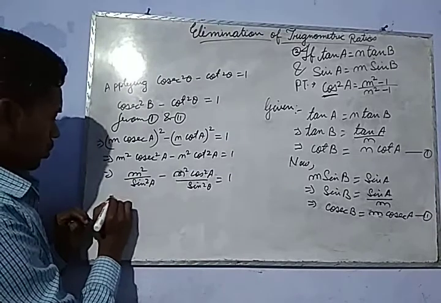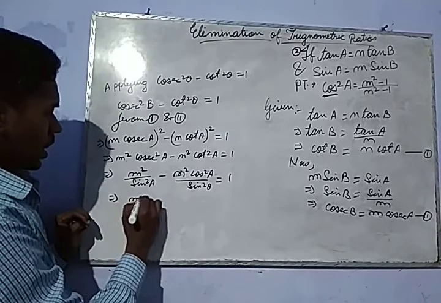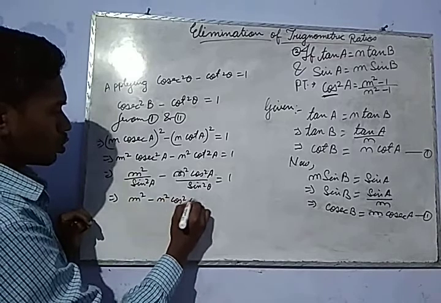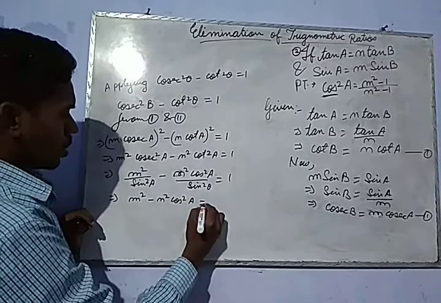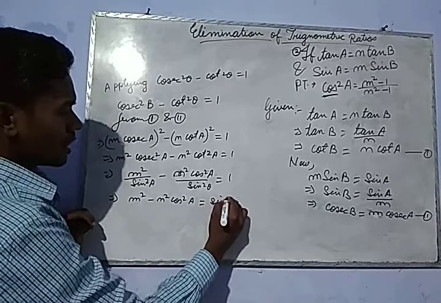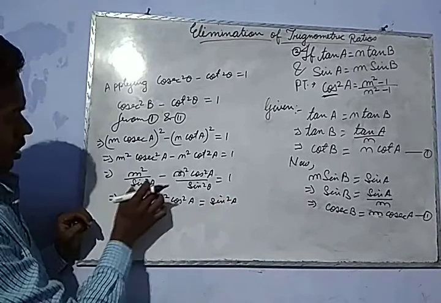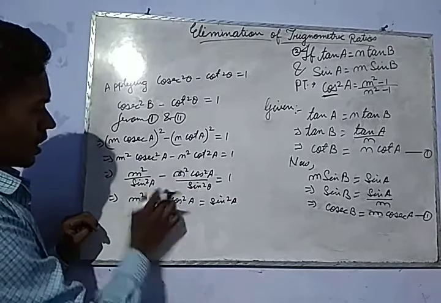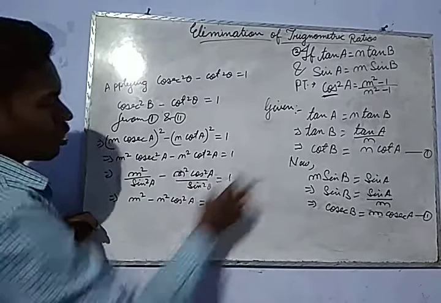When we solve this, we get m square minus n square cos square A equals sine square A. We have the same denominator, so this will be subtracted directly and this sine square can be taken to the other side.